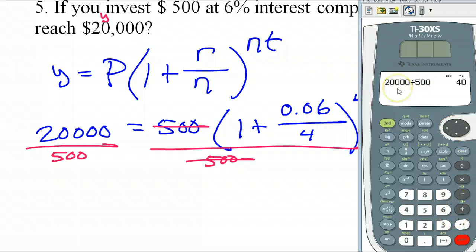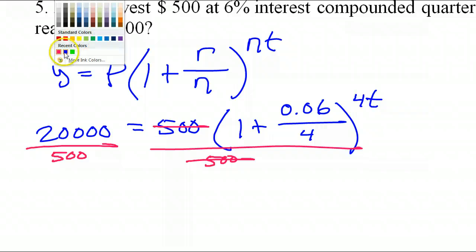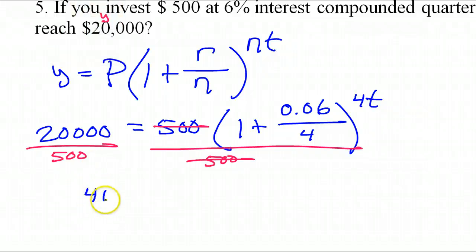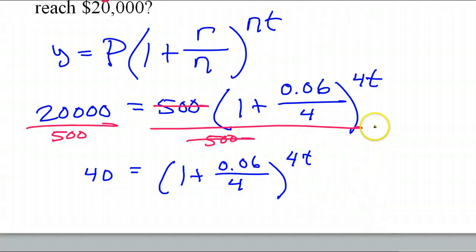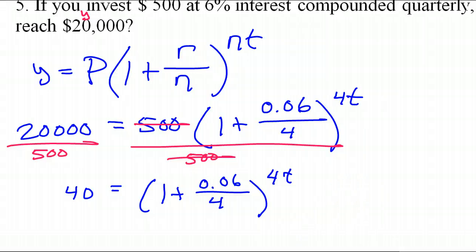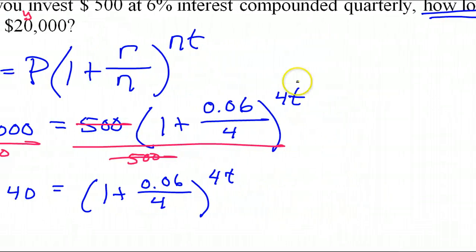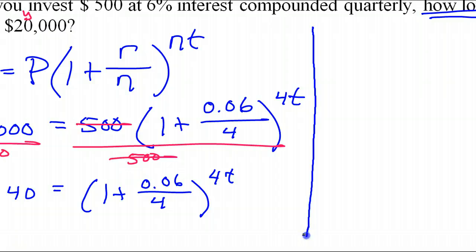20,000 divided by 500 is 40. So we've got 40 is equal to 1 plus 0.06 over 4 to the 4t power. I'm running out of space. It's time to rewrite this in log form, ugly as it is.